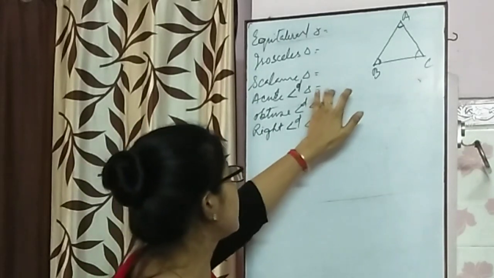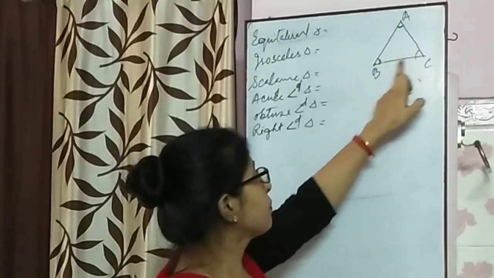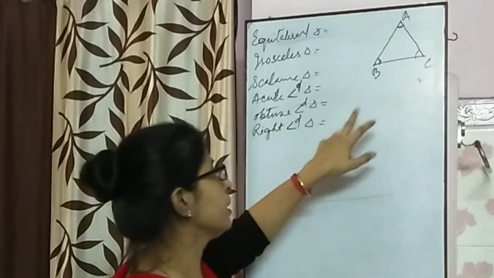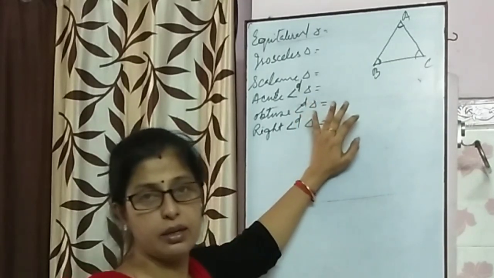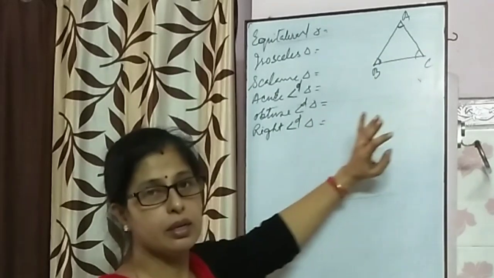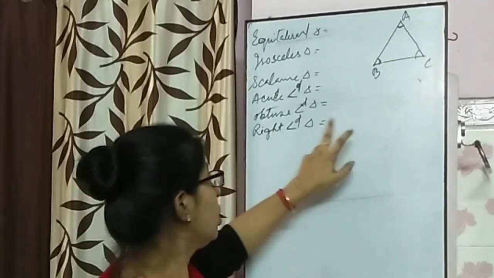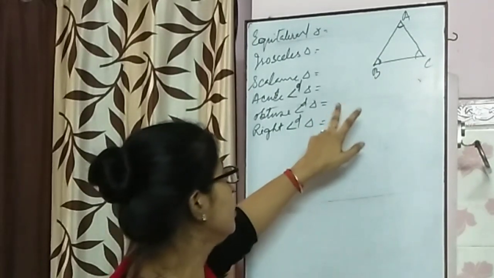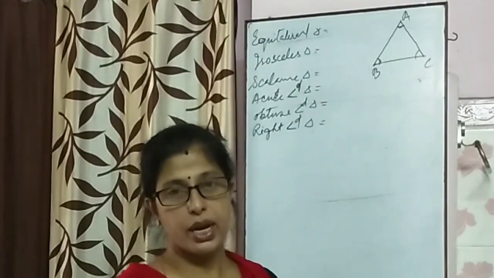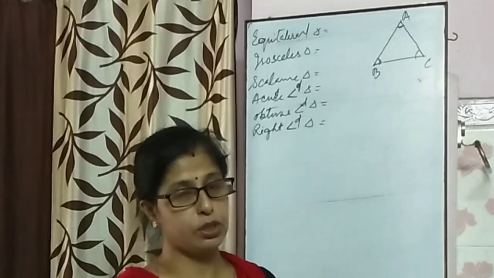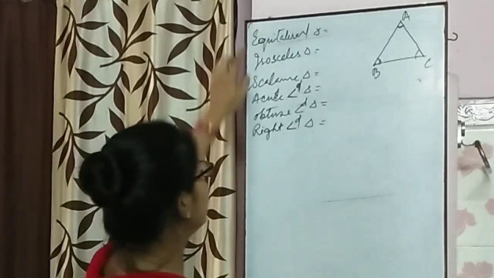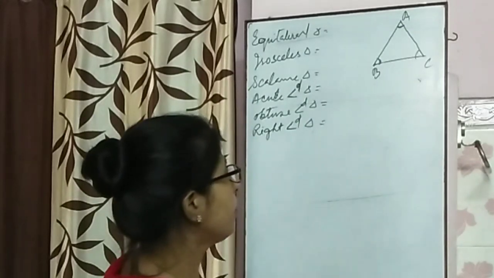So in the acute case, we have to mention each of the angles, but in the other two cases, obtuse and right angle, we cannot say each of the angles. It's not possible. Each angle can never be an obtuse angle or a right angle. So any one of the three angles, if obtuse, then it is called obtuse angle triangle, or if it is a right angle, then it's called right angle triangle. So mainly we have got these 6 definitions.